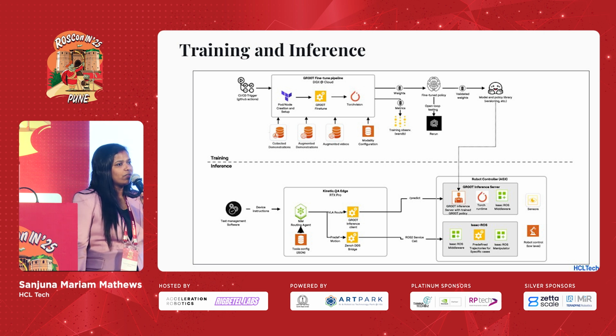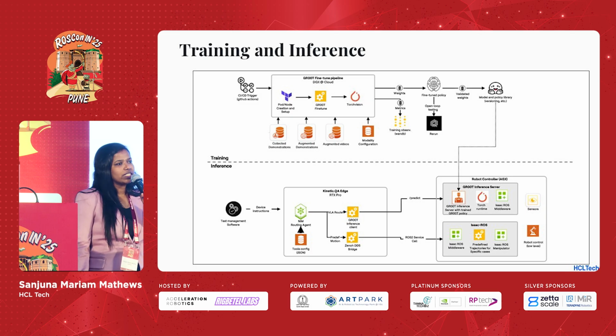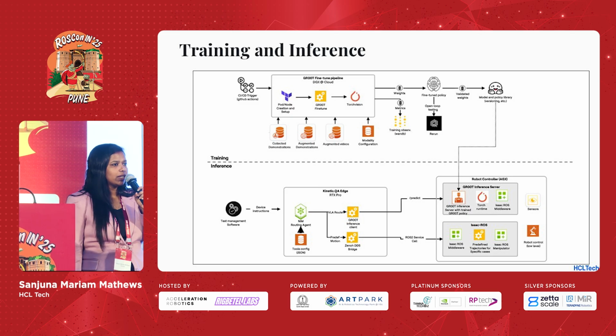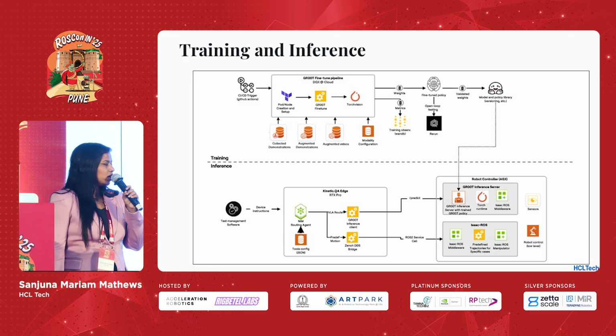The inference server will provide the actions required to do the particular task. For the tasks which can be done using traditional methods, we can make use of the Isaac ROS manipulator pipeline and do the task. There are different frameworks.